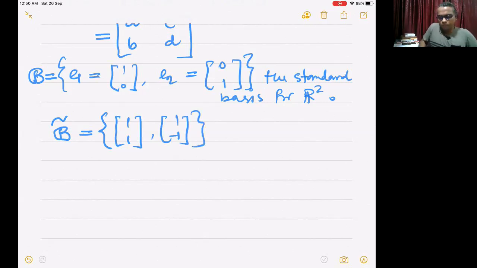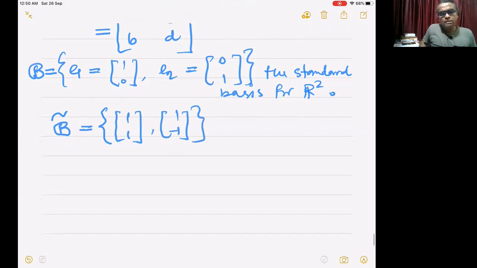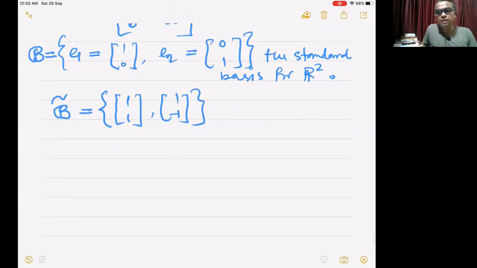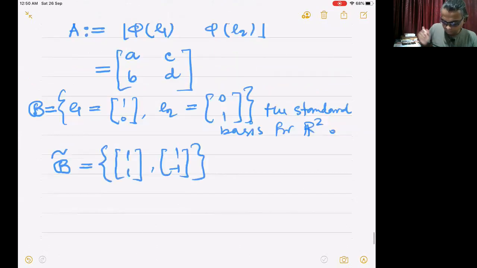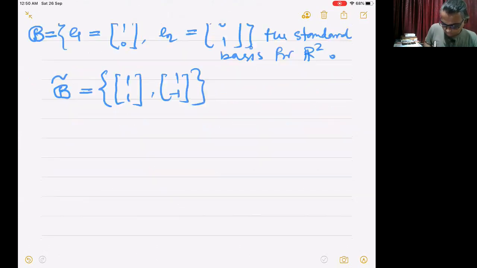So now what we know is that the same linear map phi under this basis will have a representation. So this phi in B tilde would be what?